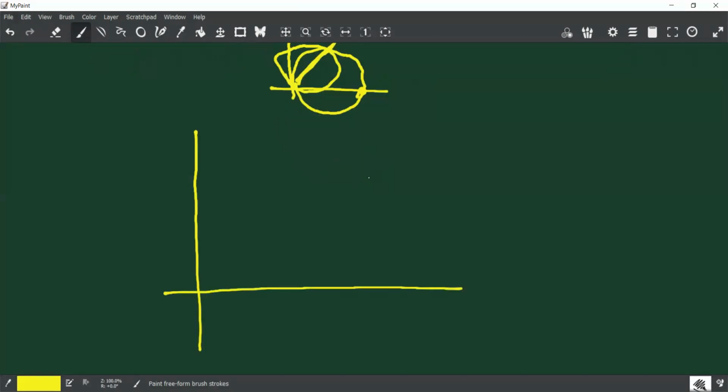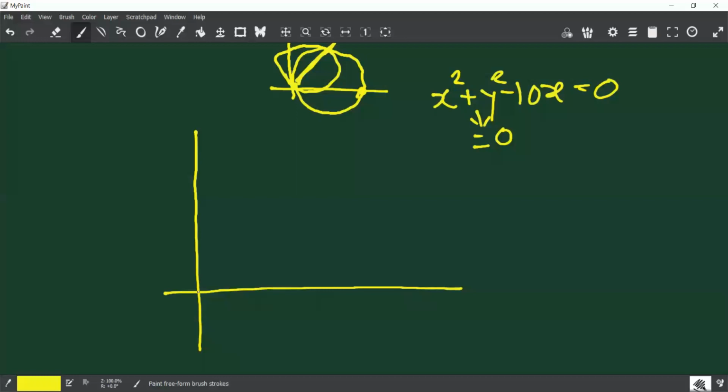See, my analysis is x square plus y square minus 10x is equal to 0. So in the absence of a constant, it is definitely passing through the origin. And if I put y as 0, I get two values of x, that is 0 and 10.